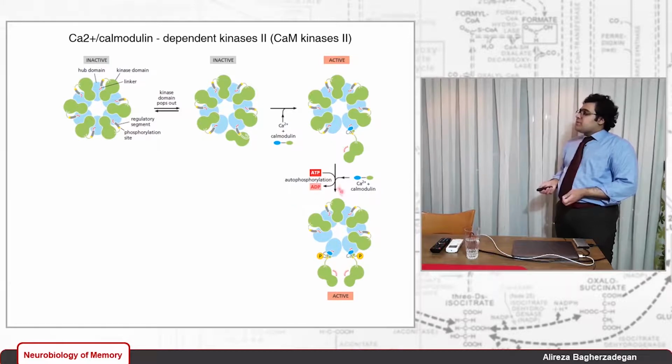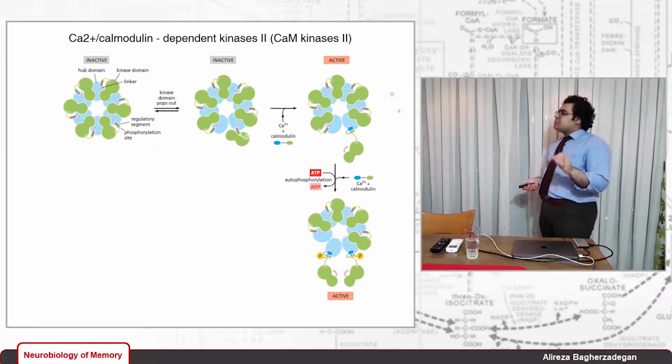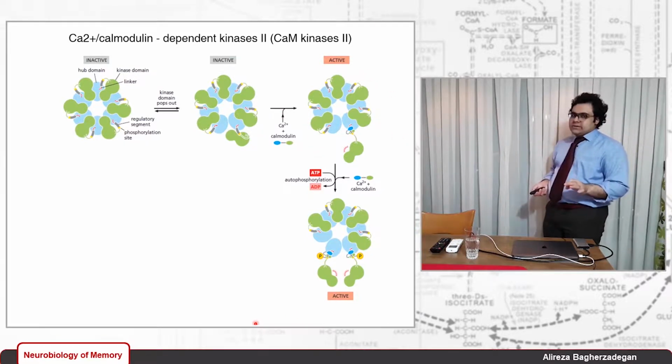But something very important may happen, and that is autophosphorylation. There is a phosphorylation site for each one of these kinase enzymes. And sometimes these kinase enzymes are autophosphorylated. This autophosphorylation has a very important role. It actually prolongs the active state of CaM-kinase II.